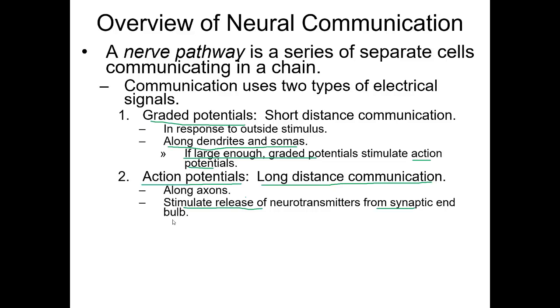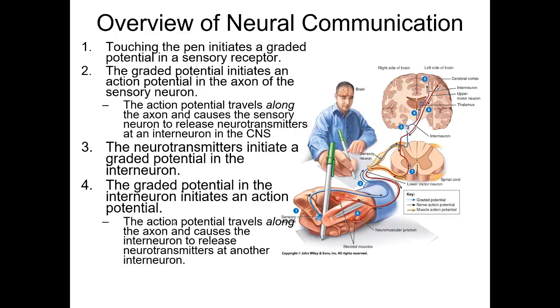We're going to look at exactly what happens in the neurophysiology, the actual chemistry, in the next chapter. So here is an overview. Look at this diagram right here. What happens in this pathway where you are consciously making a thought about writing? When you touch the pen, a graded potential happens.